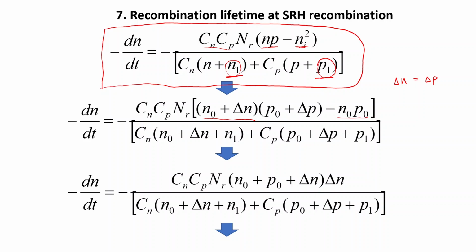And eventually, when we take it out of parentheses, we get this final expression for the net recombination rate. That's the moment when we stopped our discussion last time.